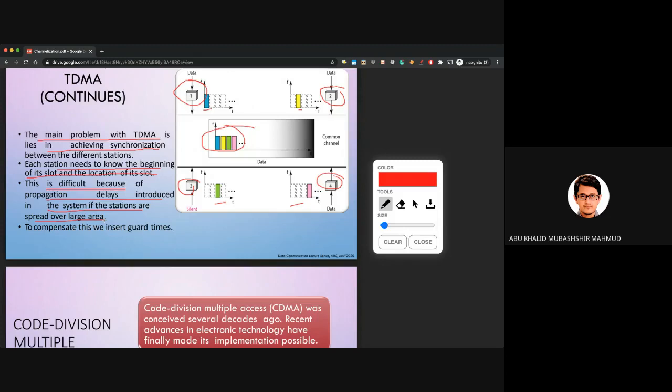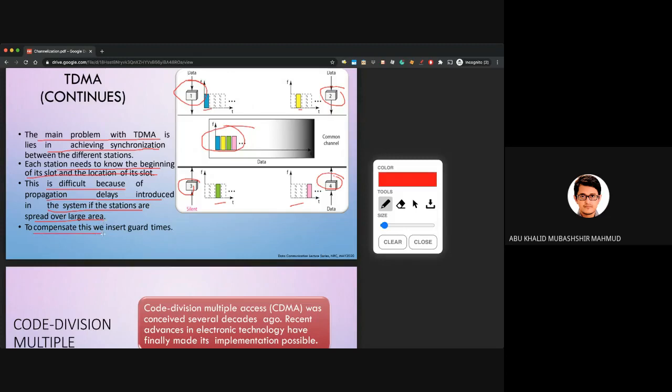But if we consider the whole country and say we have incorporated 64 stations in 64 districts, it is very difficult because of the transmission delays in reaching every corner of our country.